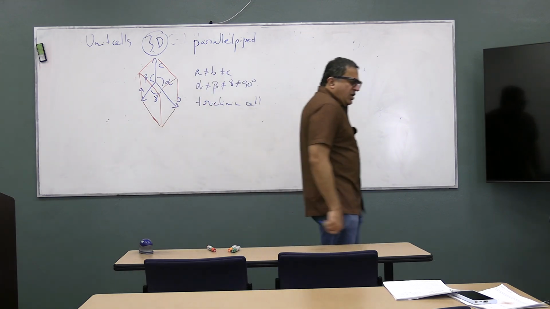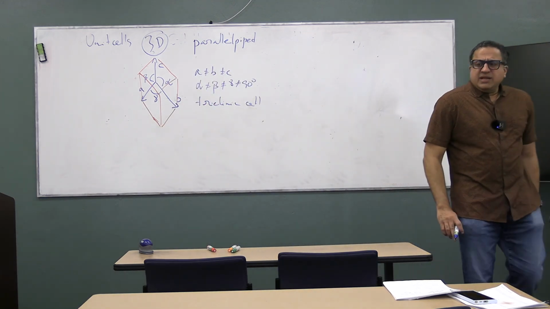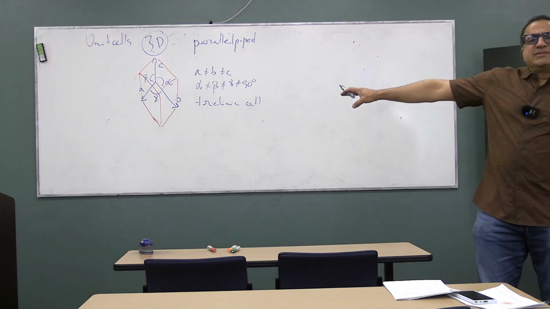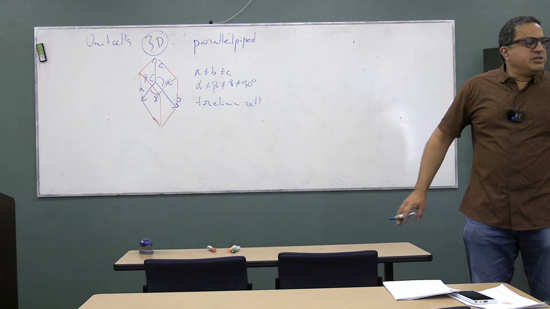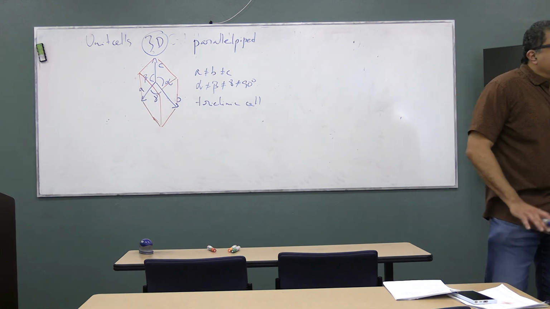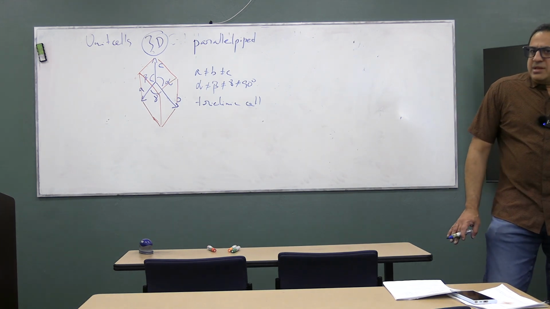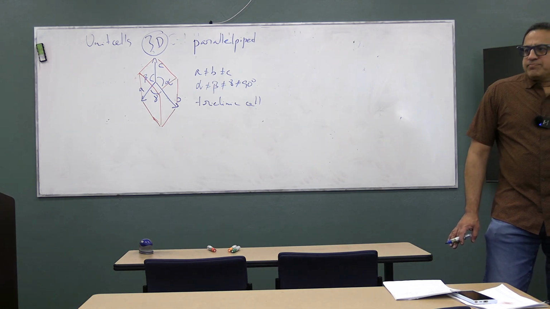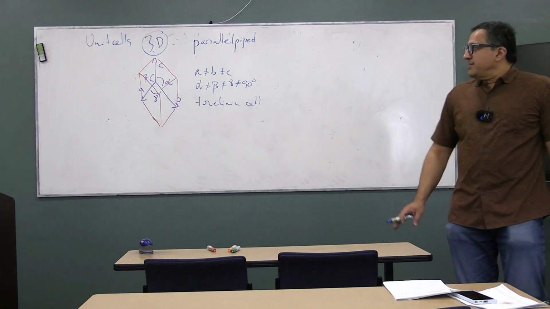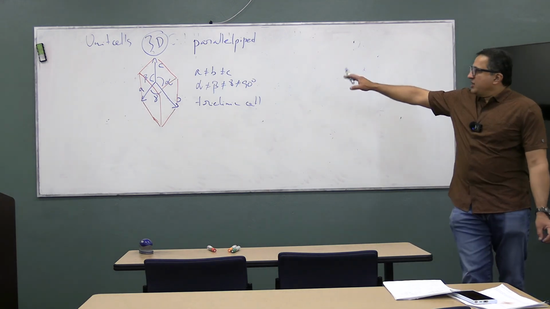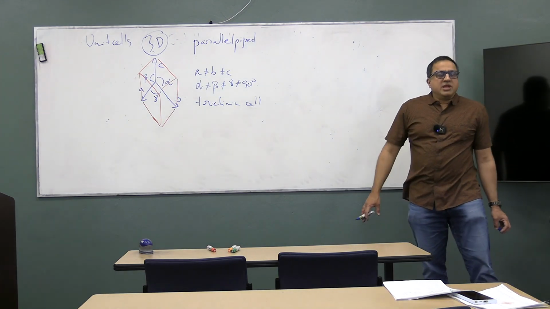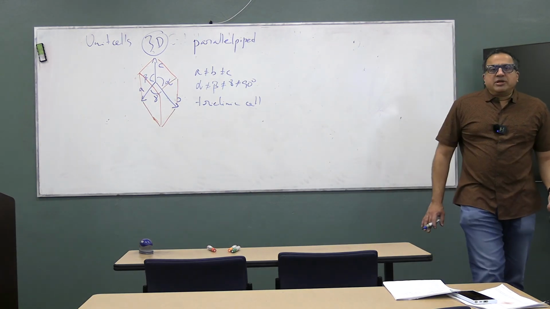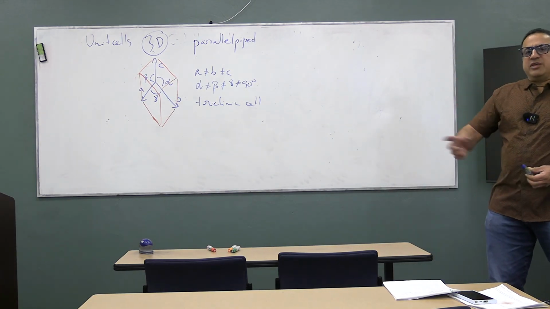So you may rightly ask, if we need only this one cell for all three-dimensional crystals, why should we learn other cells? The reason is that specifying this cell requires all these different variables, but a cube, for example, requires only one variable: the length.